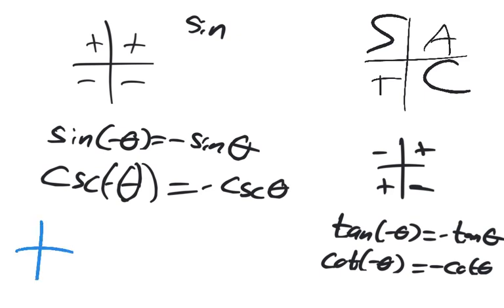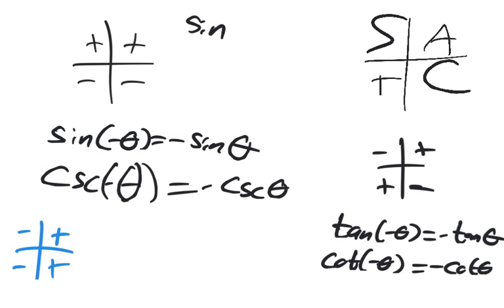Then lastly, let's focus on cosine. Cosine is positive in the first, negative in the second, negative in the third, positive in the fourth. So now what happens? If I rotate in the positive direction, cosine is positive. If I rotated in the negative direction into the fourth quadrant, cosine is still positive.